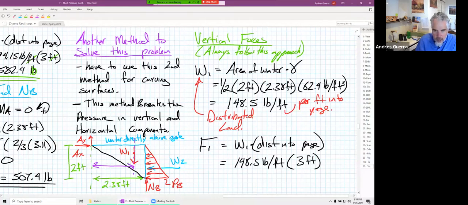And so wouldn't that be 2/3 times 2.38 feet? So now we know where W1 is acting. We know where F1 would act in the exact same spot, and we know what its magnitude is equal to. W2, we could find the same way we've done before. It would be equal to the area of the pressure distribution.